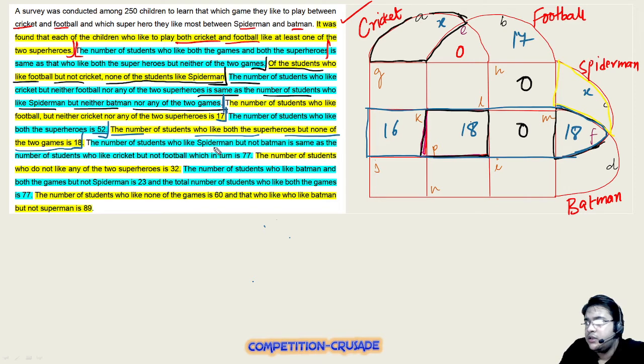The number of students who like Spider-Man but not Batman is the same as the number of students who like cricket but not football, which in turn is 77.